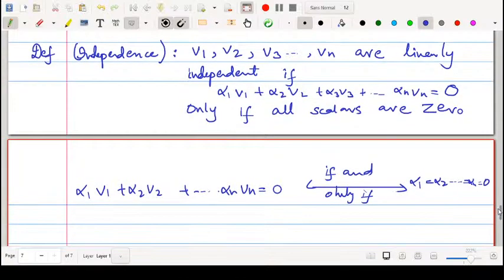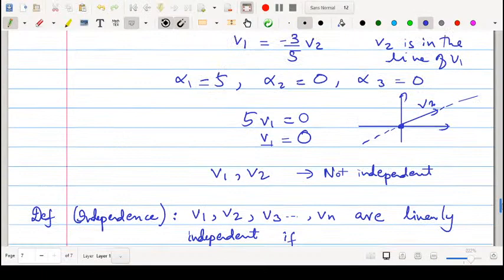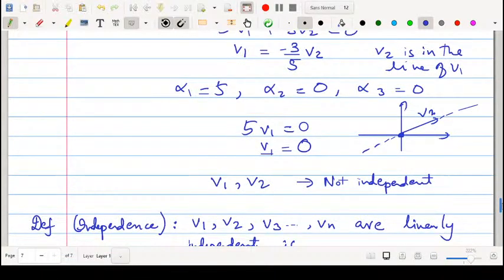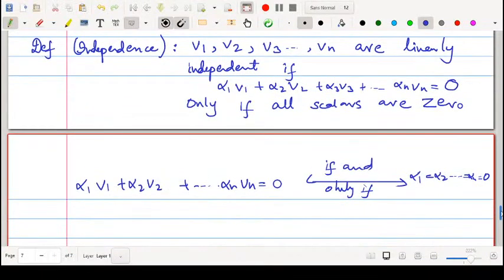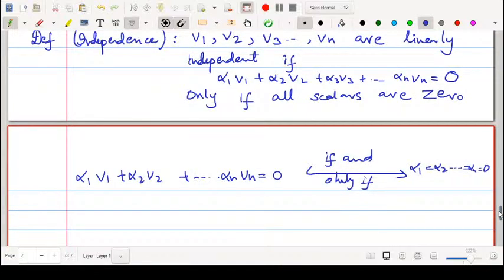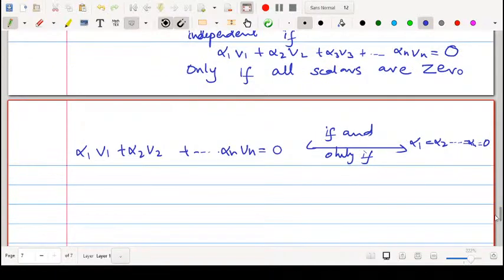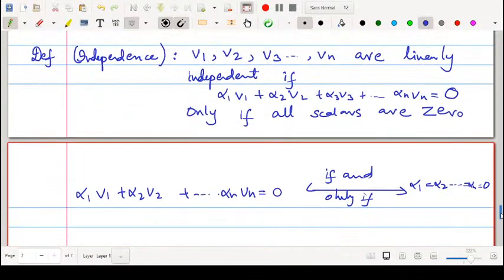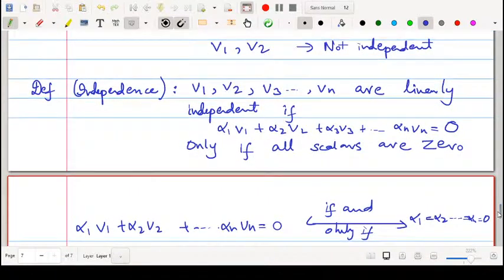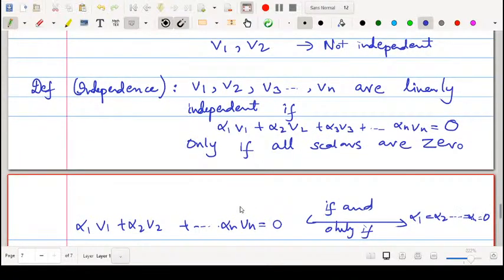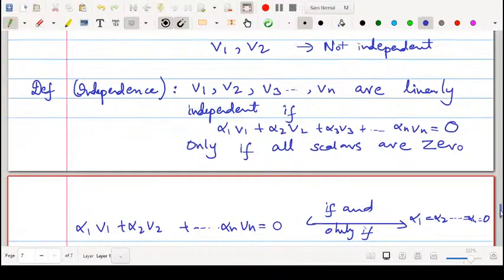Because we just saw that even if one of them is non-zero, then we have a set of dependent vectors. If two of them are non-zero, one of them is in the line of the other. If one of the scalars is non-zero, then we have the 0 vector in the list, and that's problematic. So that's the final definition of independence: the sum equals 0 if and only if alpha 1, alpha 2, all of them are 0.